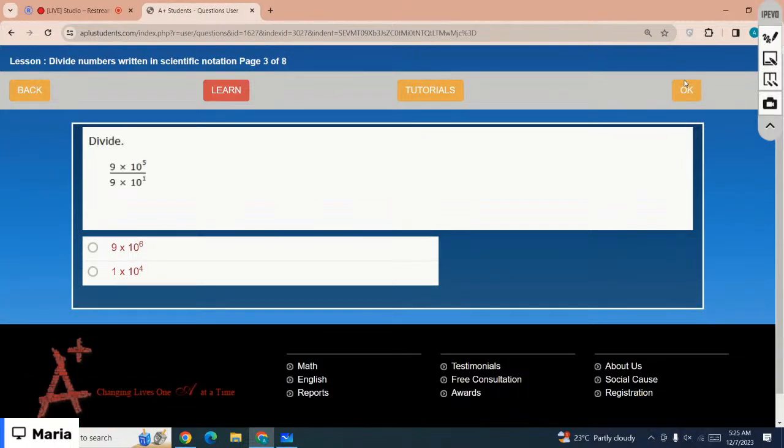Okay, the next one is 9 times 10 exponent 5 divided by 9 times 10 exponent 1. So which is the correct option?